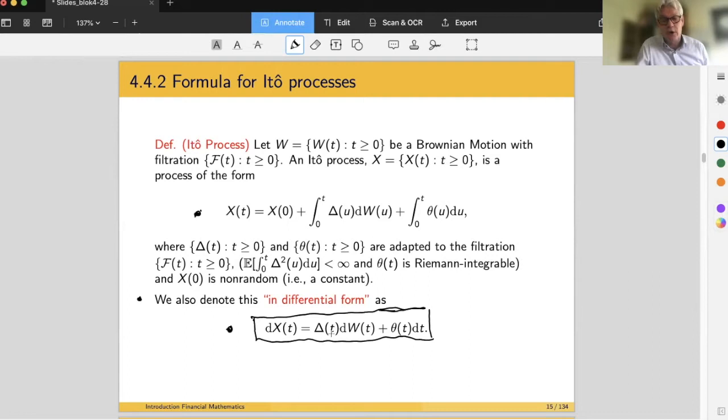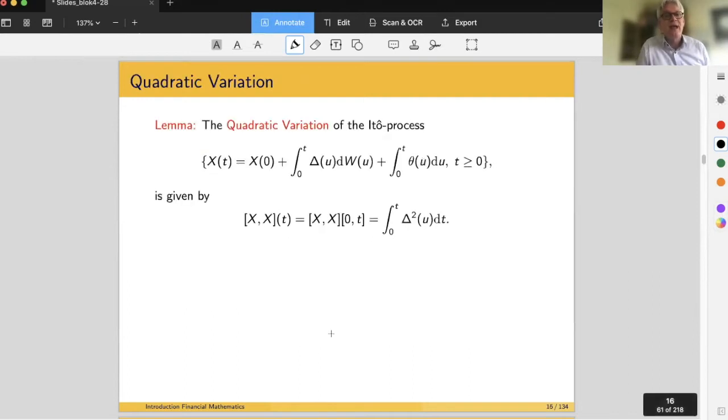And now we will work with this formulation. And the first thing we will do is look at the quadratic variation. So we have now a different process, the Ito process, and let's look at the quadratic variation of the Ito process. And for this, we have a lemma. The lemma is for the Ito process. The Ito process is once more written here, X(t), and we write it out one more time in order for you to remember it.